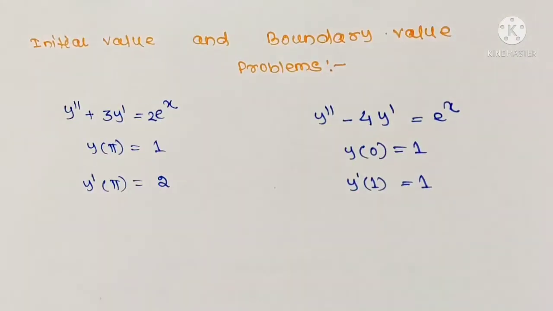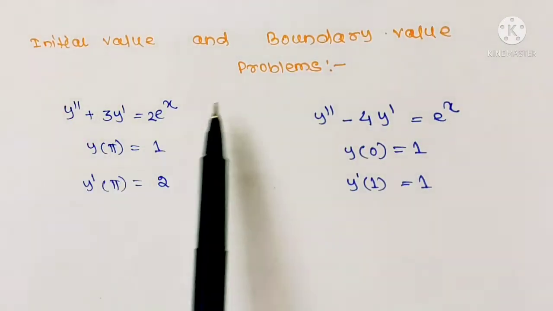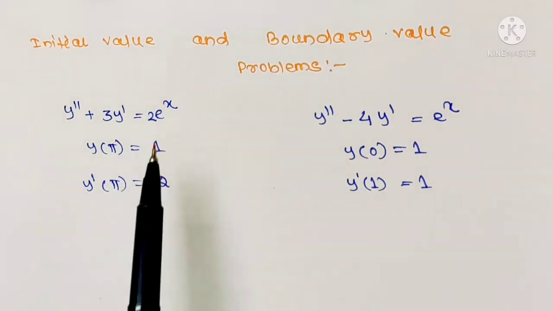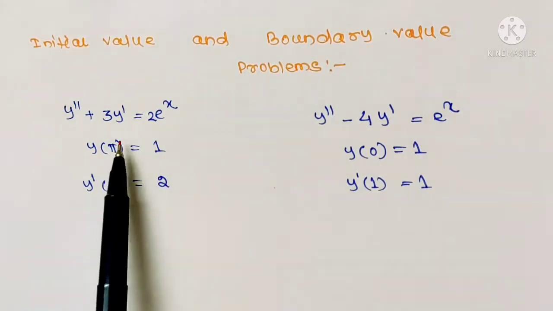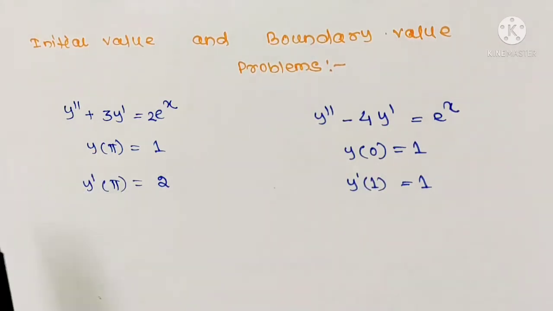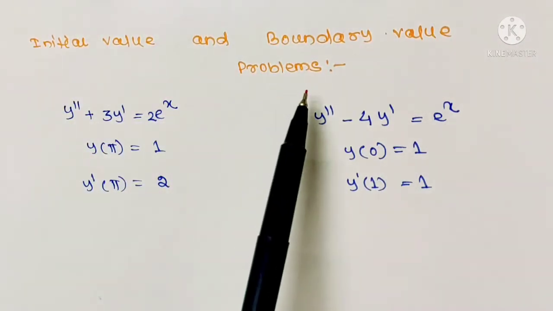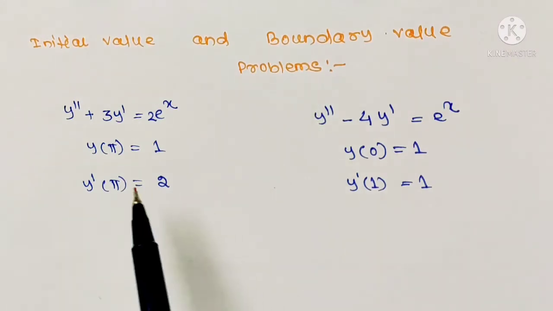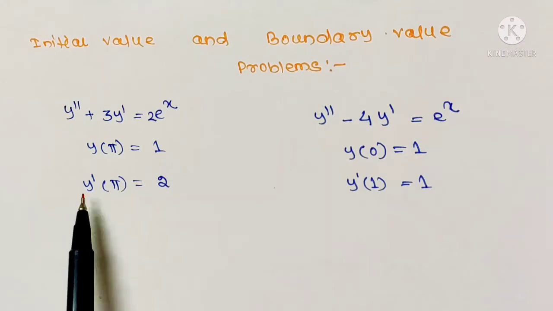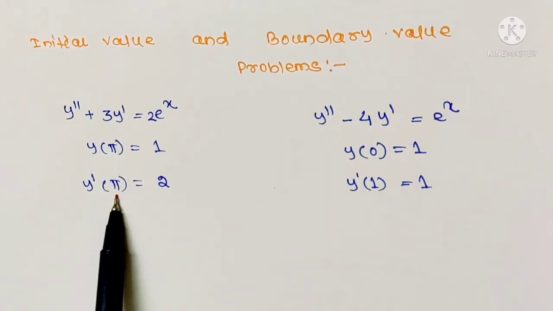Now let us see the initial value and boundary value problems. To solve differential equations, sometimes we are given some side conditions like this. A problem will be called an initial value problem if the side conditions are given for the dependent variable and its derivative at the same value of the independent variable.